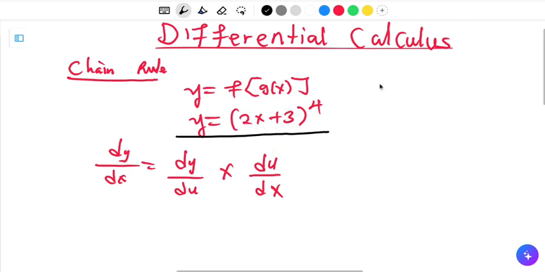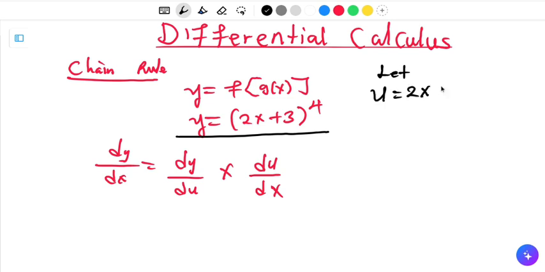If we let what is inside be equal to u, what is going to be y? y is going to be equal to, in the place of what we have inside here, u to the power 4. This is what we have.